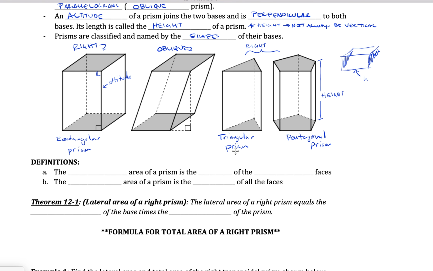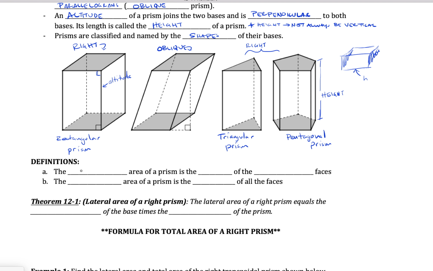A couple other things you're going to need to know. When we talk about finding the lateral area of a prism, what we're talking about is the sum, or adding up, of all the areas of the lateral faces.